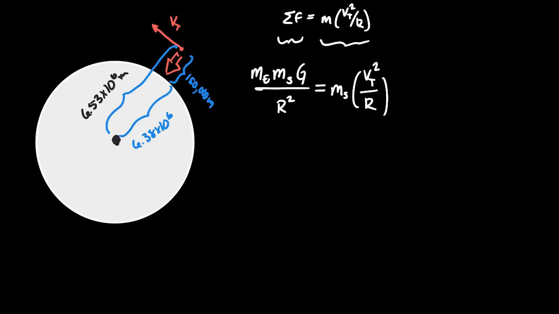But in this example, we were specifically asked for the velocity of the object in orbit, which means I can cancel out the mass of the space station, and I can cancel out one of the r's, leaving me the mass of the Earth times G over r equals vt squared. Let's take the square root of both sides.